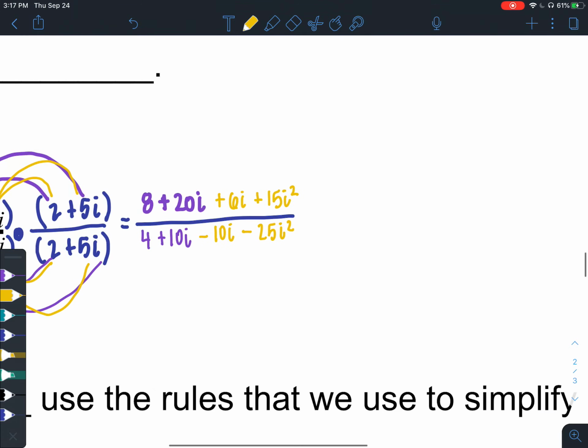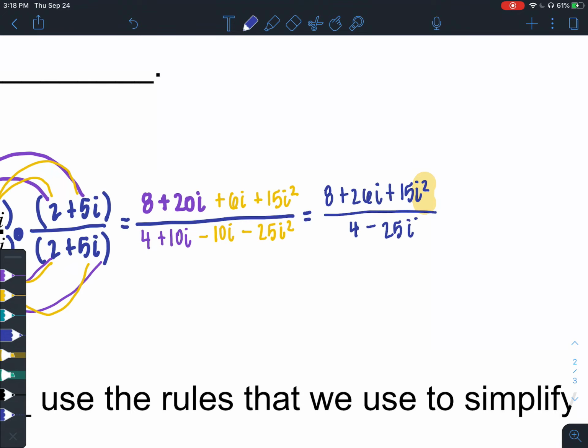Not done yet. We still want to simplify, so let's just go ahead and do it as we go. So we're going to have 8 plus 26i plus 15i squared. We're going to keep an eye on that i squared because we can simplify that. Then in the denominator, we're going to have 4 minus 25i squared. Again, got to keep an eye on that i squared.